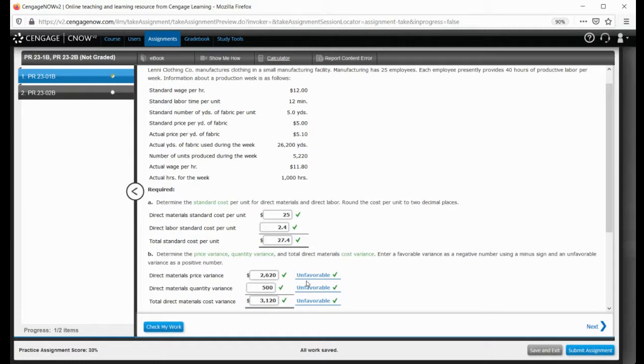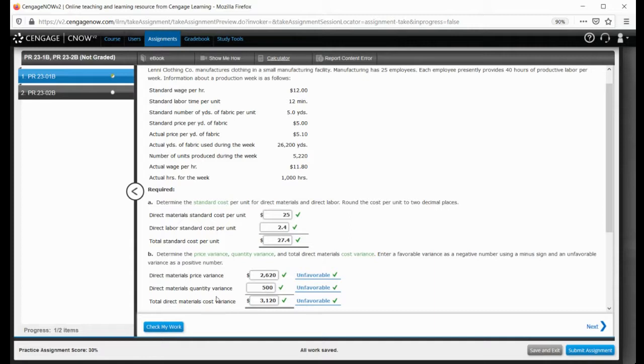The purchasing department might simply say, well, there was an increase in the price because the supplier went up on their materials cost. And so in the future, you might want to hunt for another supplier that could give you materials that cost less. So we use this information to help management make decisions about the company.